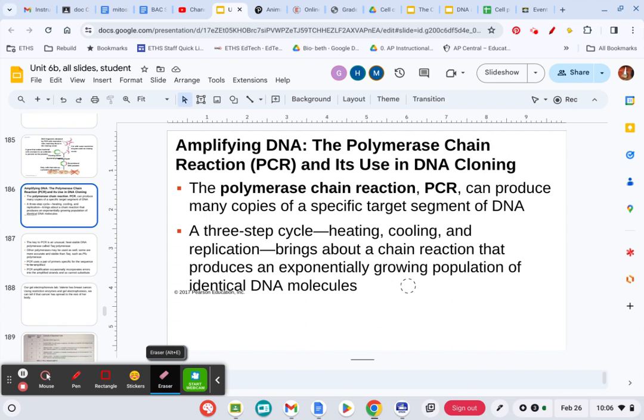And then you cool it back down. And as you cool it back down, you add in new nucleotides that will bind to the now, quote, kind of like sticky ends. And that creates a new segment of DNA. And then you just keep redoing that over and over and over again. So you get a very large population of DNA molecules that you're interested in.